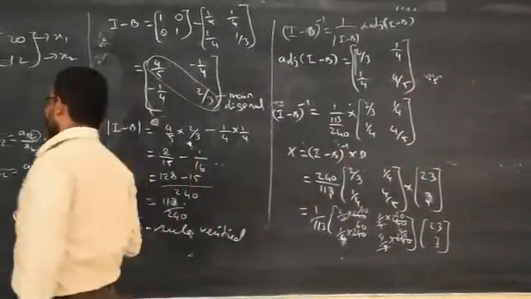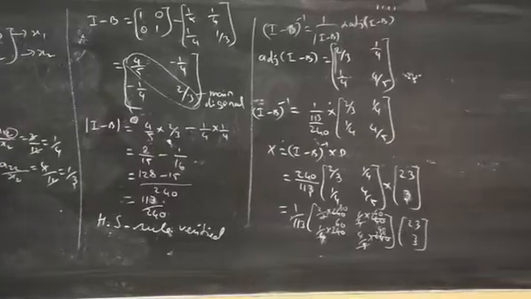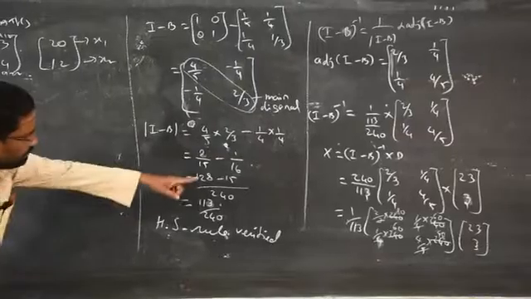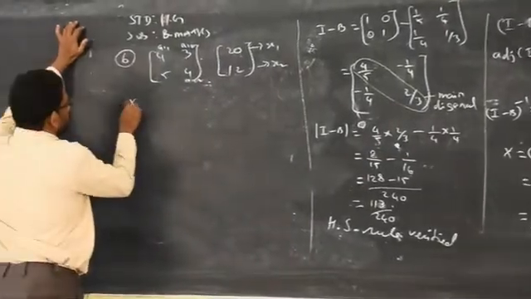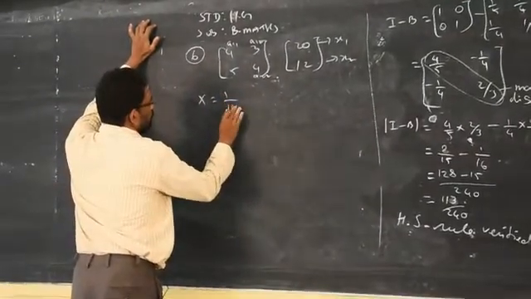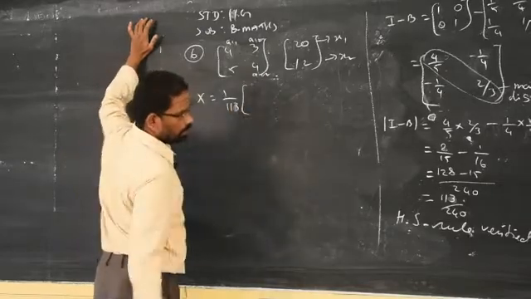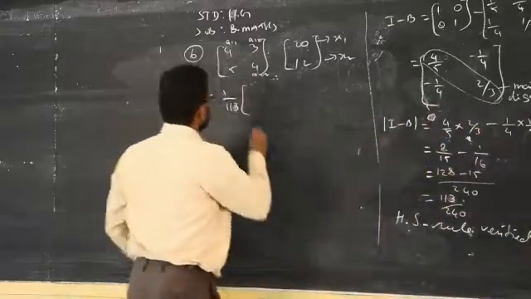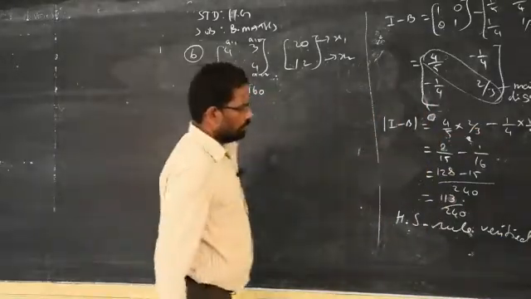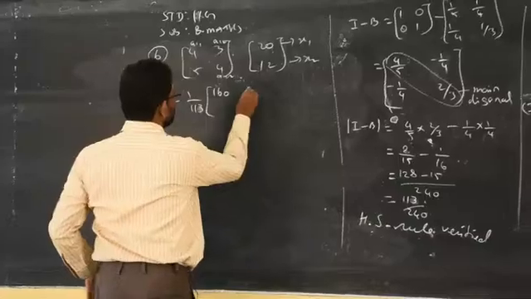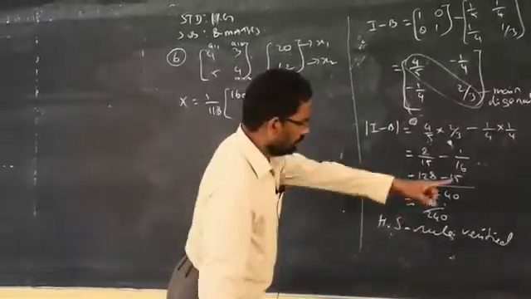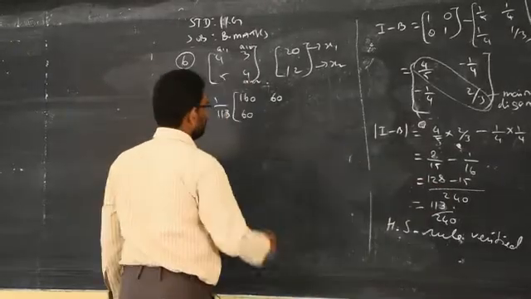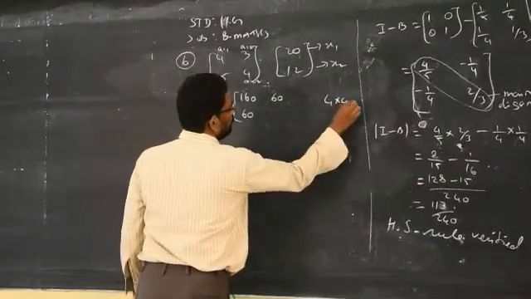Clear? Now, what will be the final one? X is equal to 1 by 113, that is 2 into 80, which is 160, then 1 into 60, then again 1 into 60, then 4 into 48.